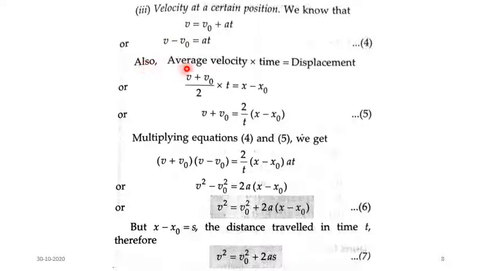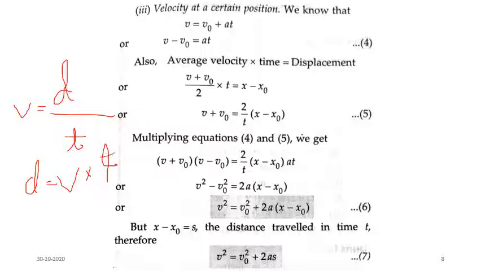Also my average velocity times time should give me displacement. Velocity equals displacement divided by time, so if I have to find displacement, this will be velocity times time, I can say average velocity times time.